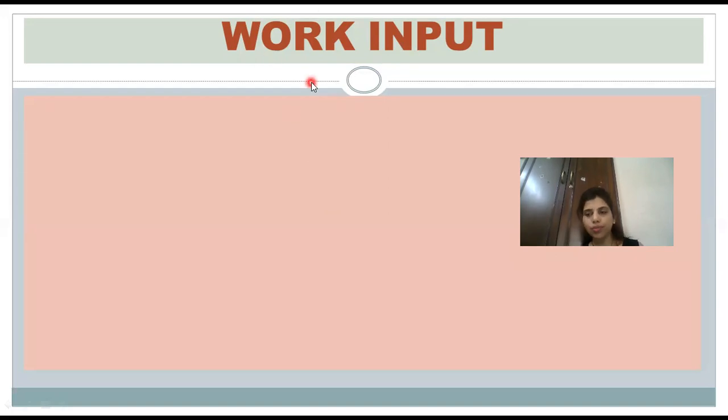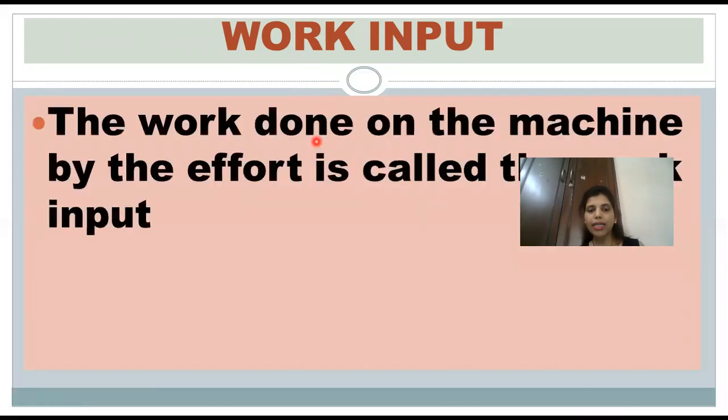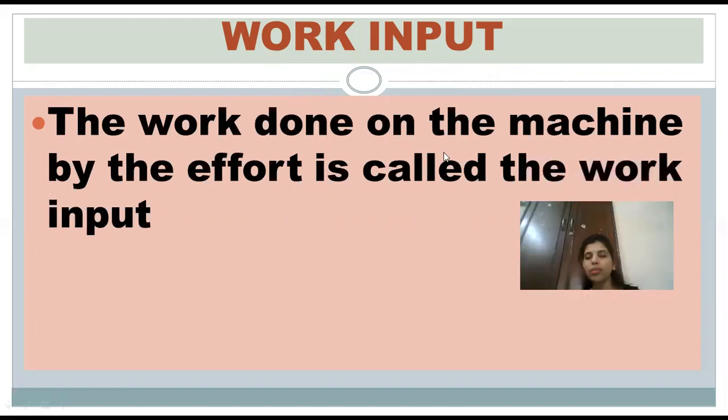Work input. What is the meaning of work input? Now, when you are talking about input and output, I want you to remember with the help of this term, which I'm going to give you in the next slide. So first you understand that work input is the work done on the machine by the effort.